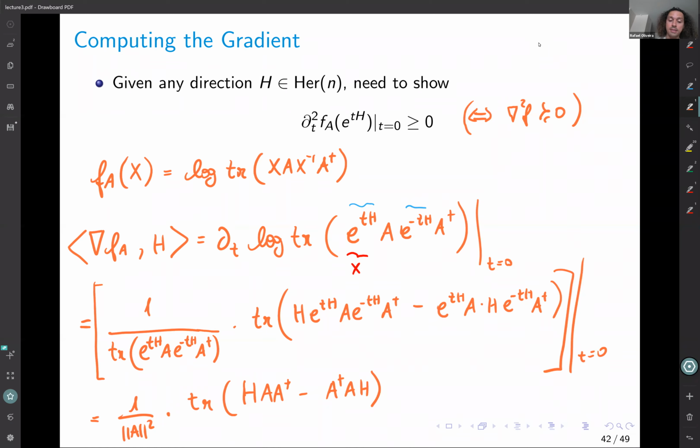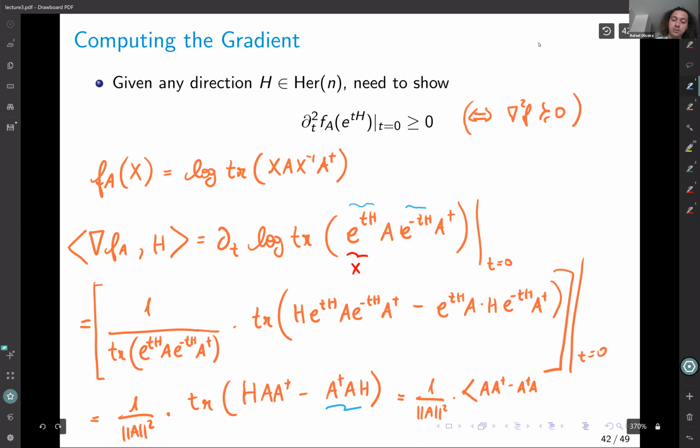gradient. But if we want to express this in terms of inner product, right, to really extract the gradient out of it, what we have is this is going to be 1 over norm of a squared times the inner product of a dagger minus a dagger a, just by using cyclic.